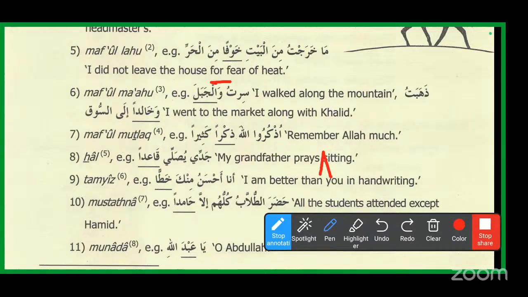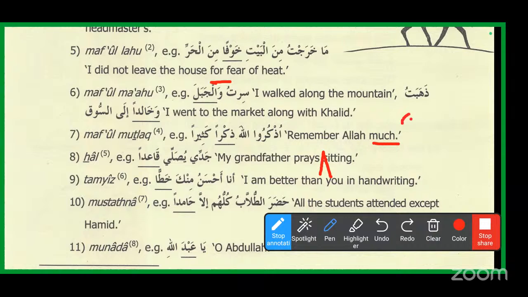Now, exactly, uzkurullah zikran kasiran. Zikran kasiran. Remember Allah much. This translation is not appropriate. This doesn't explain the expression.